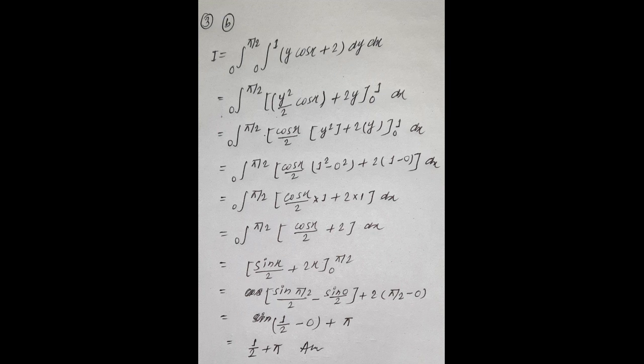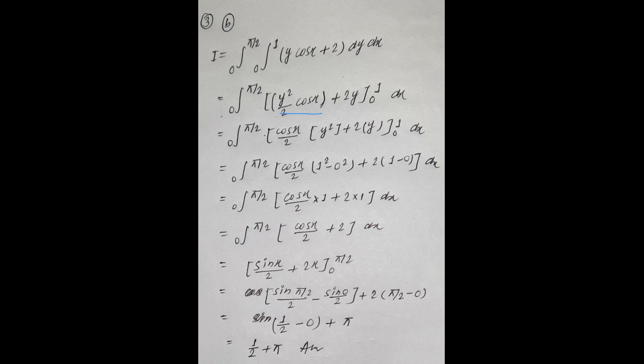I started off integrating with respect to y, and it would become this. Is there a way to draw? Oh, there we go. It would become this, and then I took out cos x over 2 and left the y squared on its own.